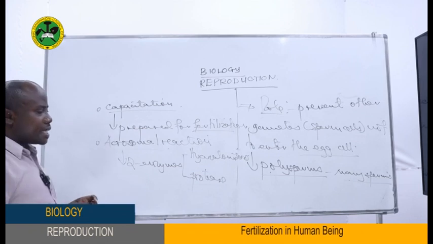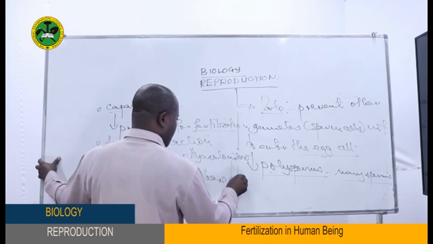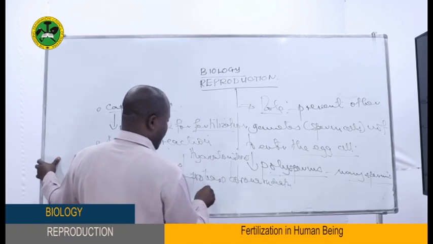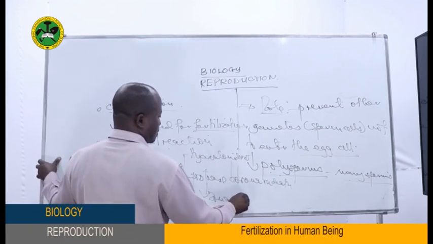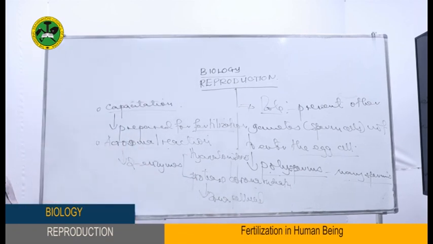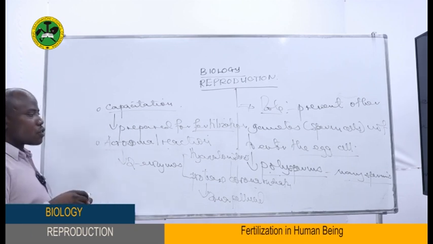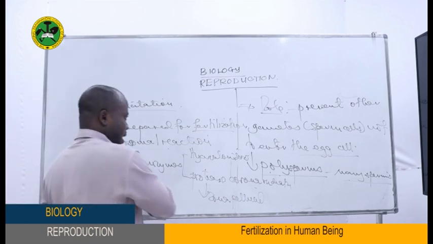These enzymes digest the path through the corona radiata and zona pellucida, so that the sperm head can enter the egg cell. Therefore, you'll have to explain what the acrosome reaction is and the significance of the acrosome reaction.